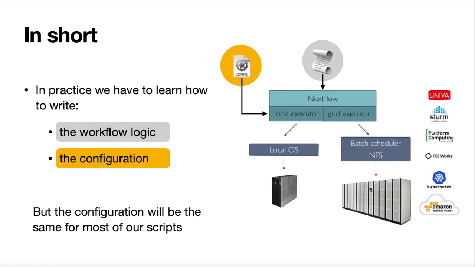And this is something that you need to specify yourself, because every setup is different. But once you create your configuration file, for example, for your HPC, then you can reuse it with every other Nextflow script that you want to execute. So you separate the workflow logic and its configuration, which is, I think, a really good idea in general.